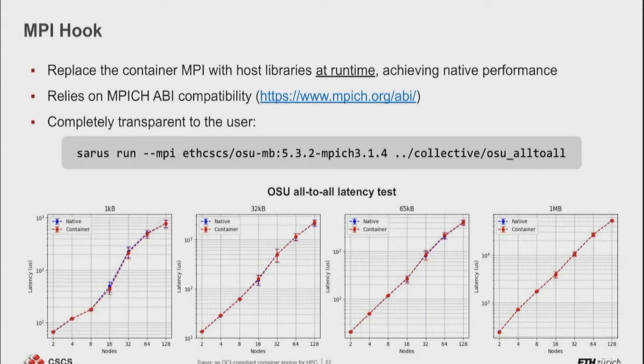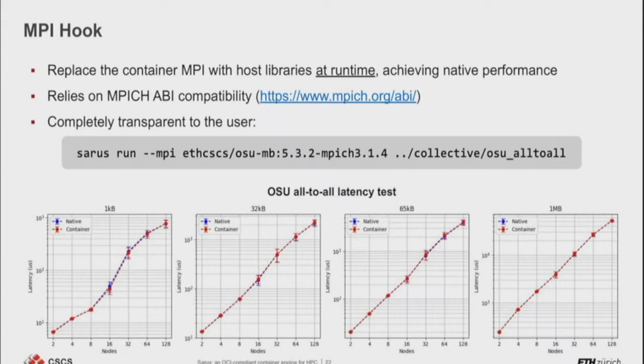In order to have native MPI performance from the container, you need to compile the optimized MPI library inside the container image itself. Now, this is kind of doable if you have, for example, InfiniBand, because there are a couple of MPI implementations which support InfiniBand, like MVAPICH, and probably OpenMPI as well.